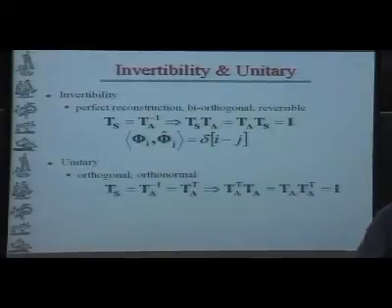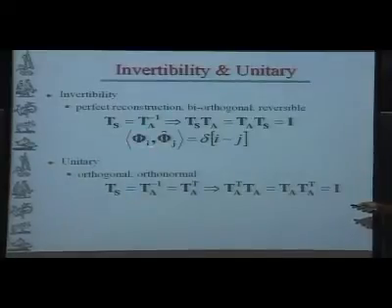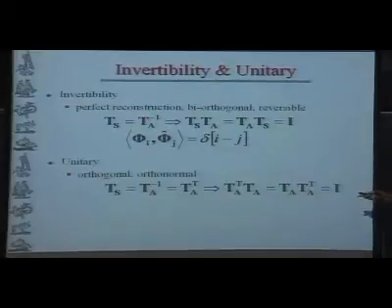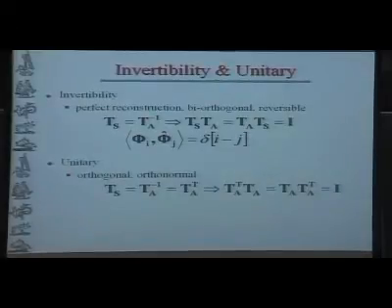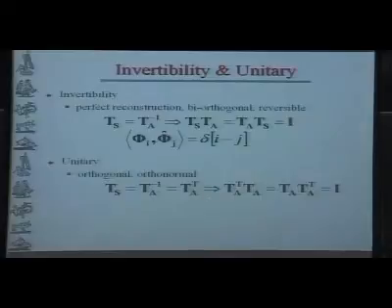So what that means is you need this condition: the dot product between phi i and phi hat of k is delta i minus k. And that's just a fancier way of writing this invertibility equation.